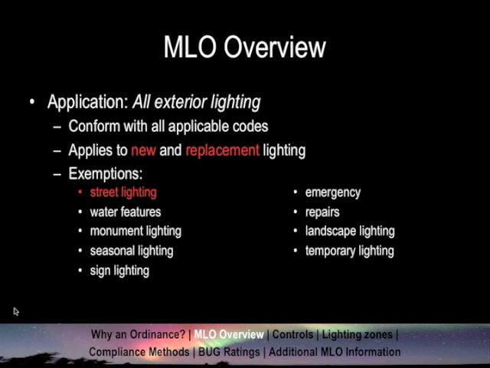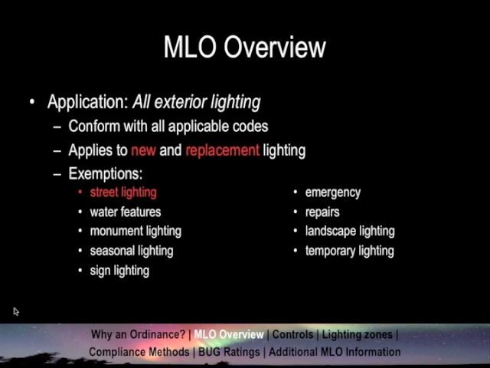What does new lighting mean? What does replacement lighting mean? Is it a 25% improvement? That's all up to the individual communities. Now, there are some exemptions that we put in, and it's up to the community to allow or even expand these exemptions.